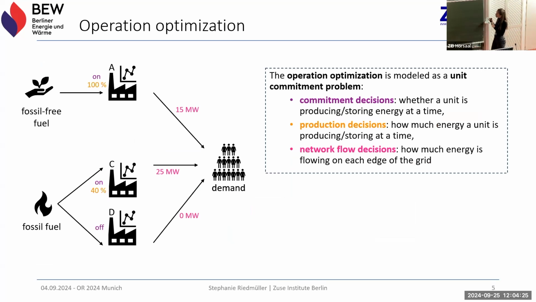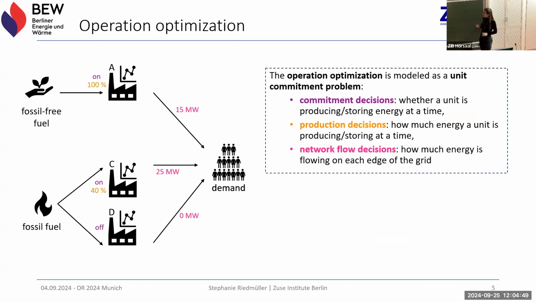Okay, now I want to show you what I want to optimize there. There are two things. The first thing is the operation optimization. You can look at this example. We have here three different heating stations that take different kinds of fuels and produce heat to fulfill a given demand.